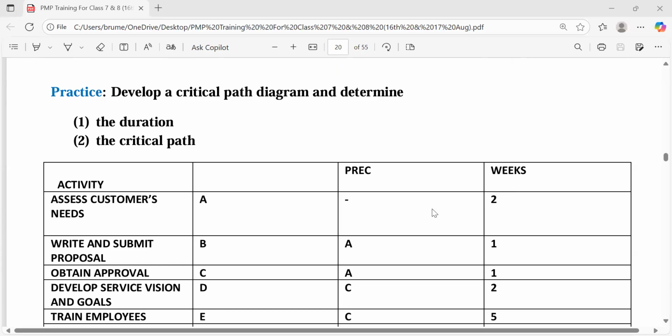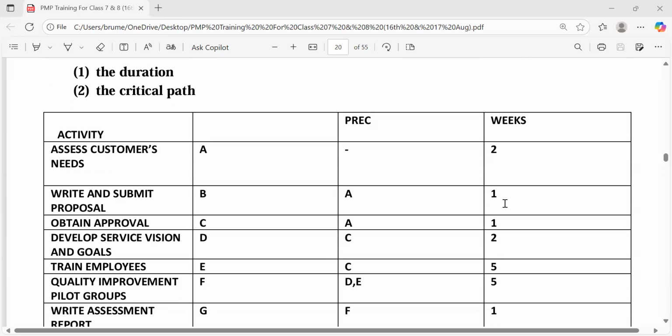And the duration is how many weeks? 2. Then move on to the next activity, which is write and submit proposal. That is activity B. What is the predecessor? What happens before it? A. What is the duration of B? 1 week.